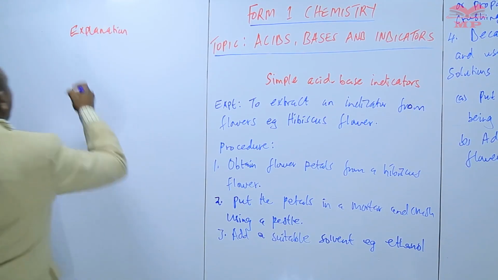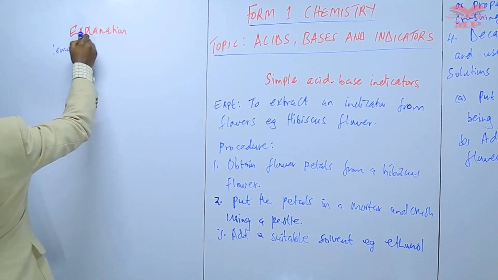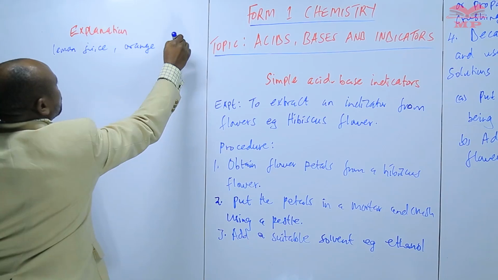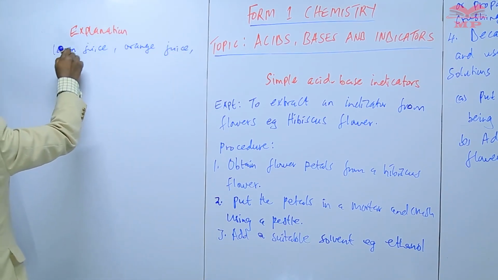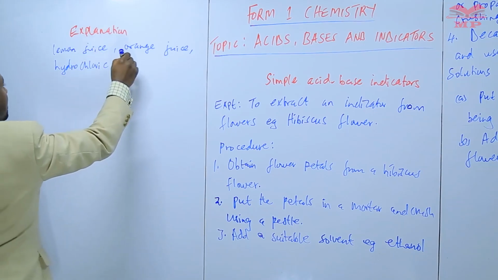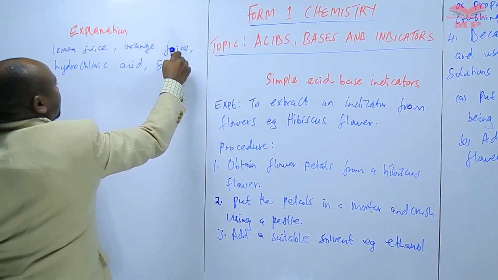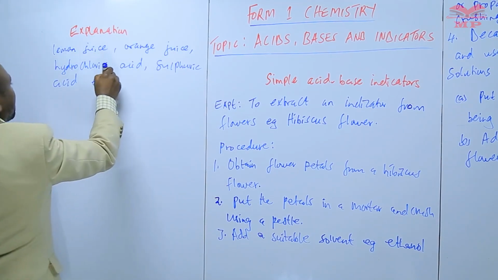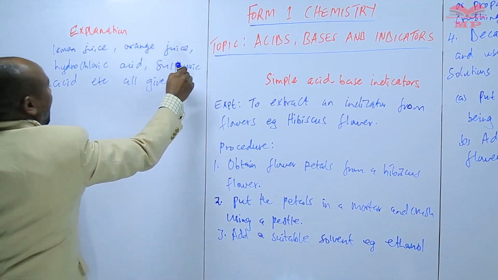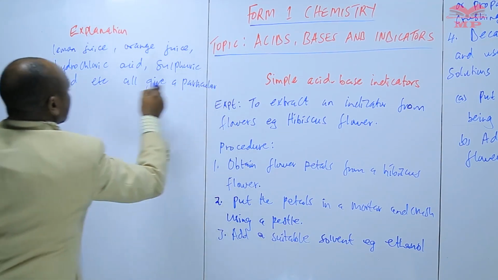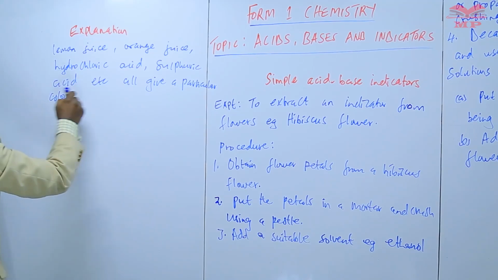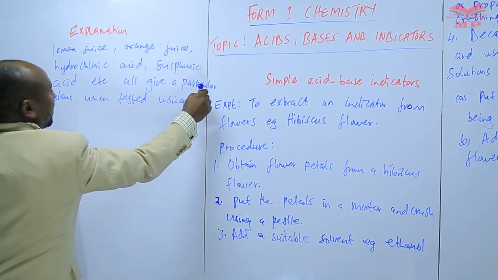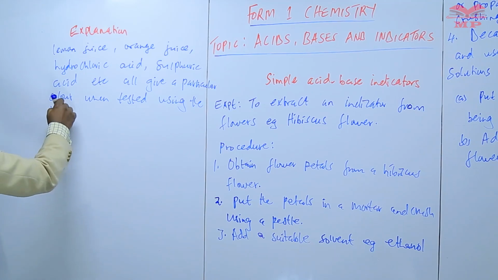And you can explain that lemon juice, orange juice, hydrochloric acid, sulfuric acid, etc. all give a particular color when tested using the hibiscus extract.